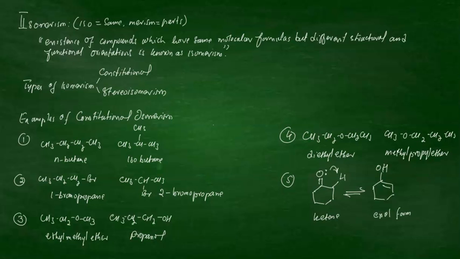Here we have two types of isomerism, especially constitutional isomerism and stereoisomerism. In this segment we will focus on constitutional isomerism. Basically, constitutional isomerism tells us about the type of isomerism in which the connectivity of atoms is different.